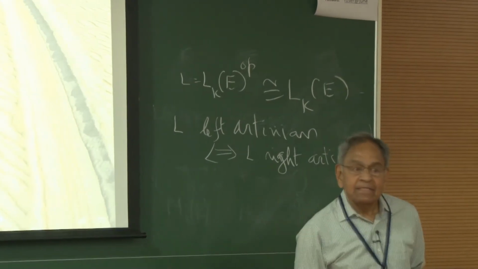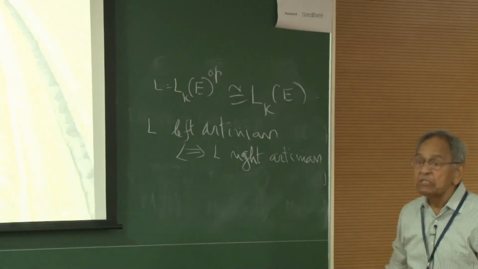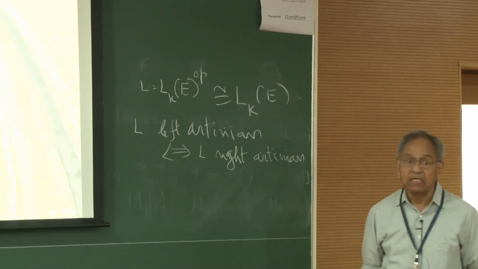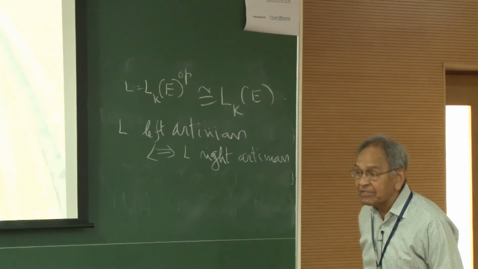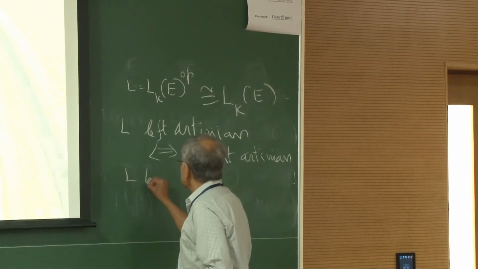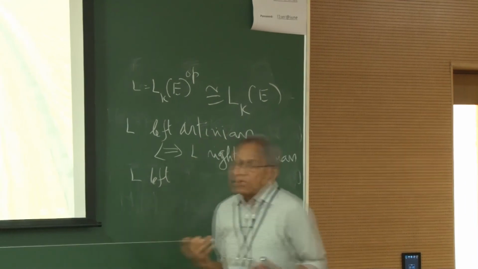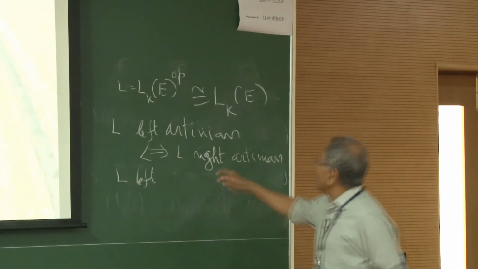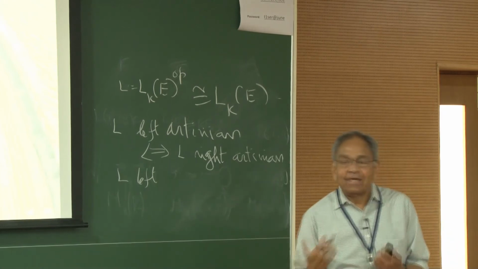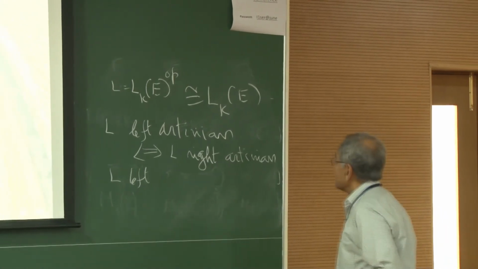Likewise, if it satisfies the ascending chain condition on left ideals, automatically it will satisfy the descending chain condition on right ideals here. And likewise, L is left self-injective, because in a general non-commutative ring, these are all independent properties, whereas here there is a nice coincidence of these together.